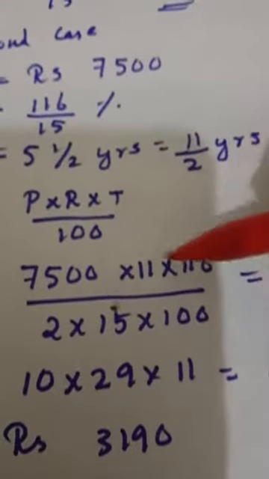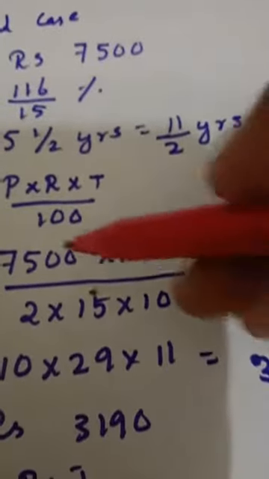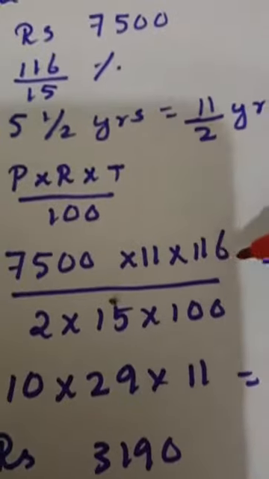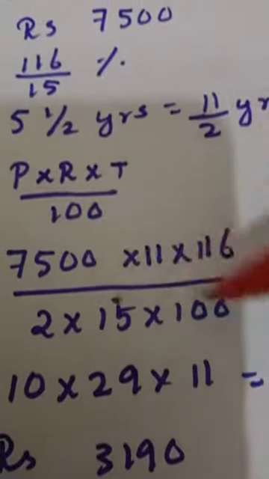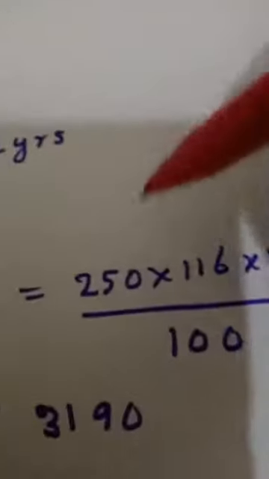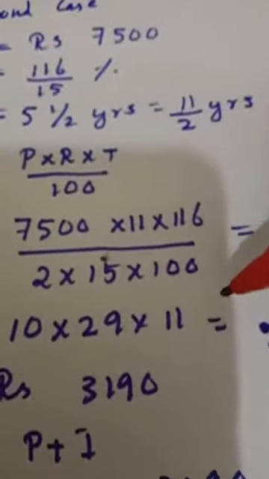So 7500 into 11 into 116 by 2 into 15 into 100. The 0 and 0 get cancelled. 15 and 75 also cancelled. 2 and 116 also cancelled. So 250 into 116 into 11 by 100. It is equal to 10 into 29 into 11.